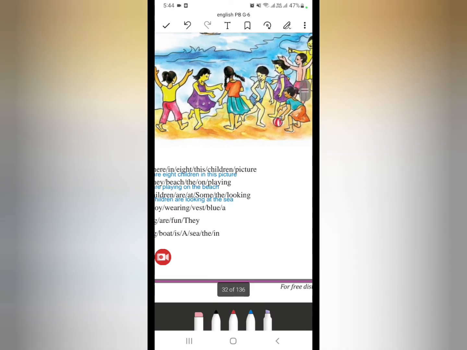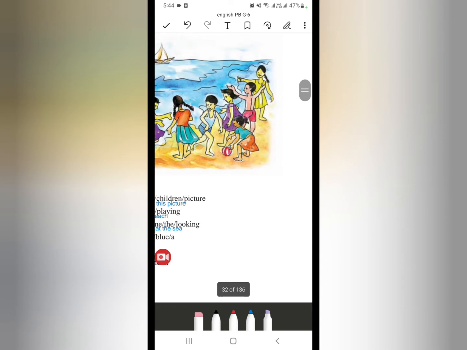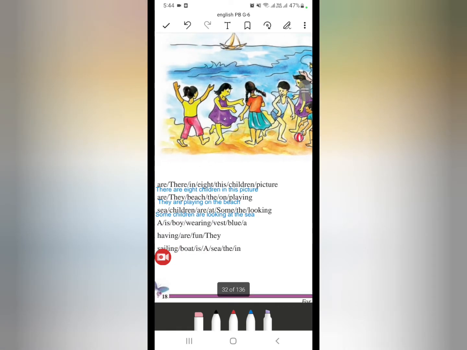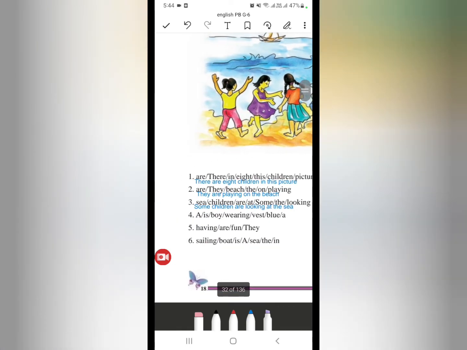Then I said everyone has a dress, and one boy is without a t-shirt and one boy is with a vest. Now we'll see. I said the word which contains the capital letter as the first letter, you should take it as the first word of the sentence. Now, A is the first word of this sentence.